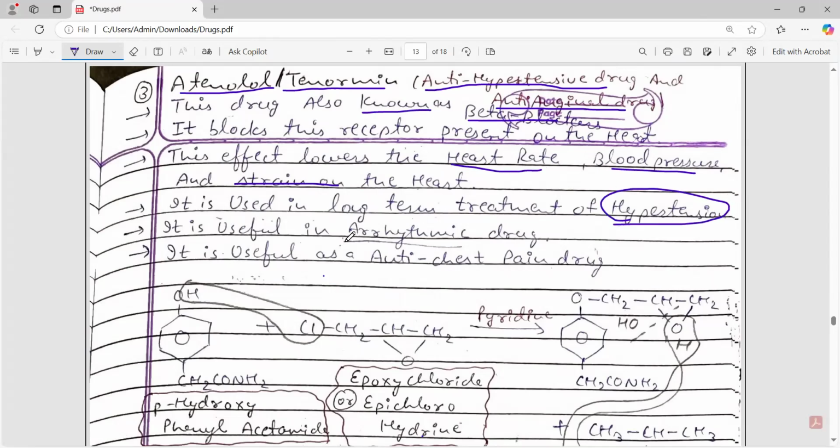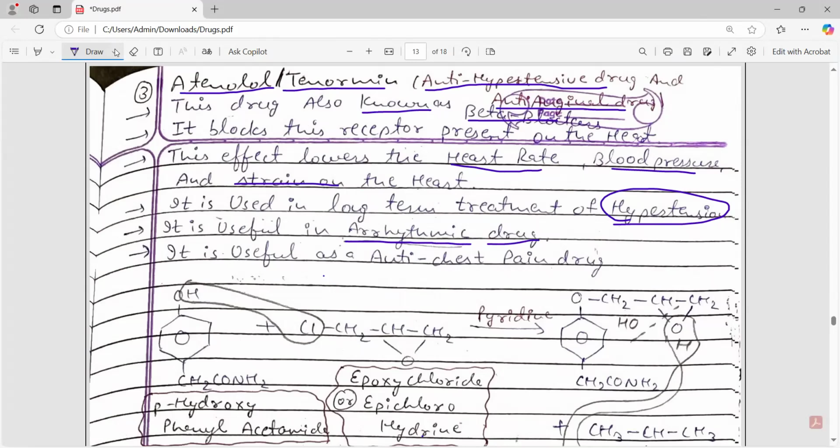It is also useful as an anti-arrhythmic drug. Arrhythmia means an irregular heartbeat in our body, a particular problem with the rate or rhythm of your heartbeat.